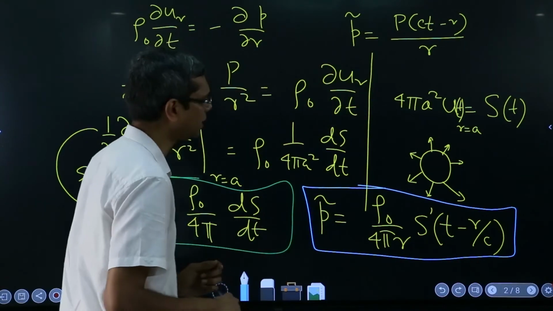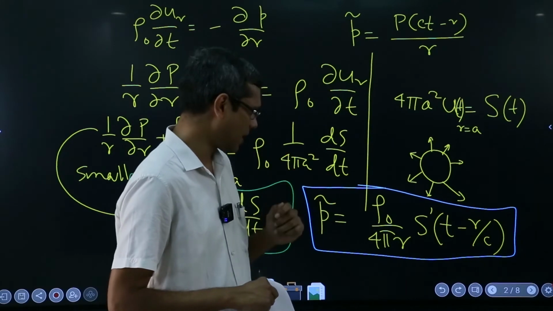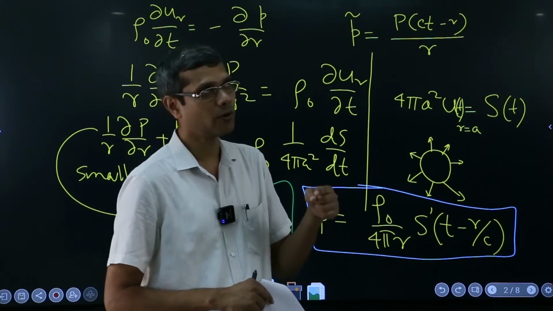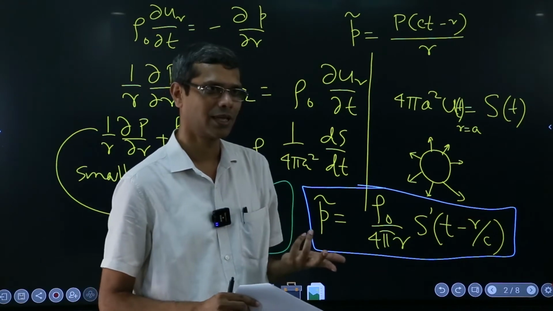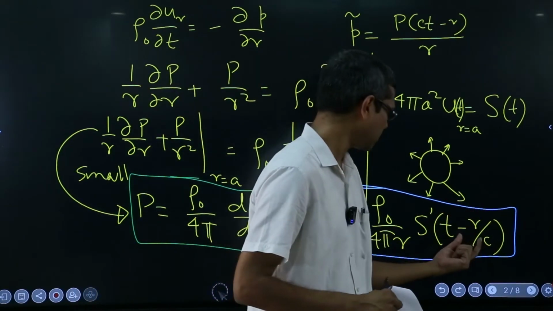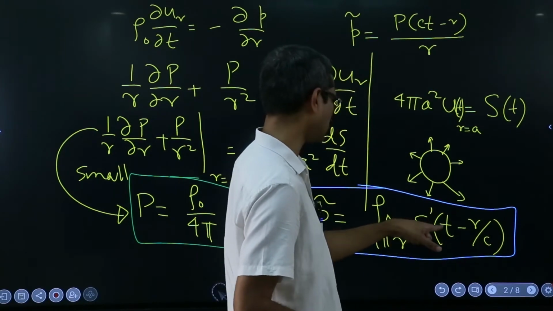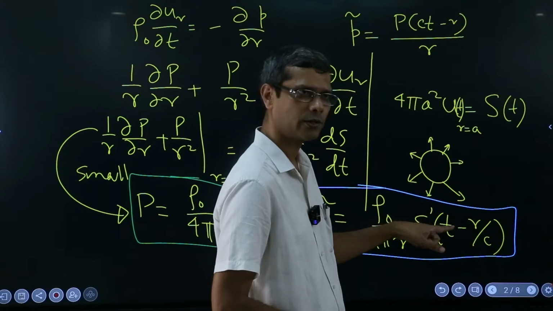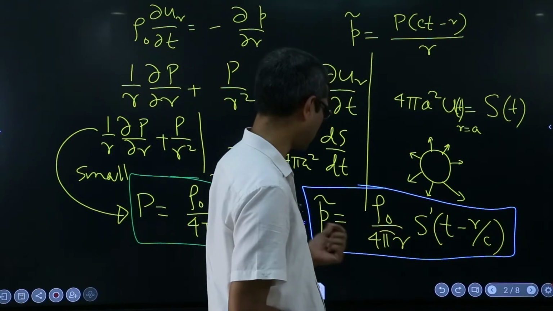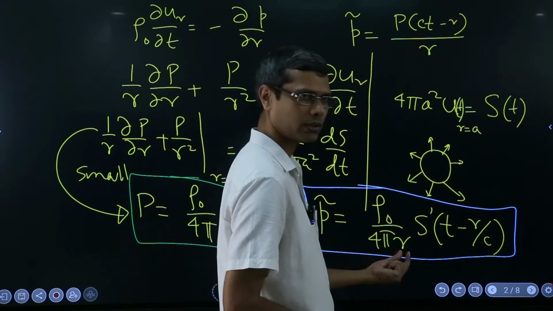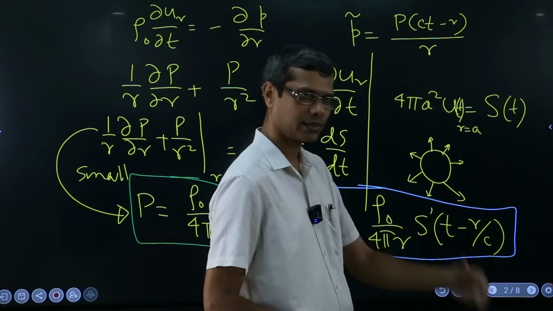You remember I had told you that if you have a function f of t, then f of t minus x over c will be the moving wave. Suppose t is 10 seconds, you are asking at 10 seconds what is my pressure at a distance of say 5 meters, r is 5 meters, time is 10 seconds.